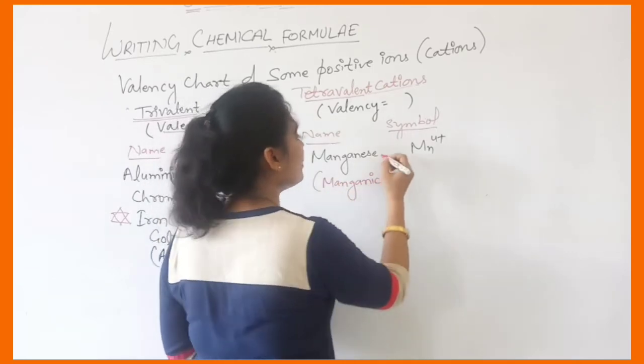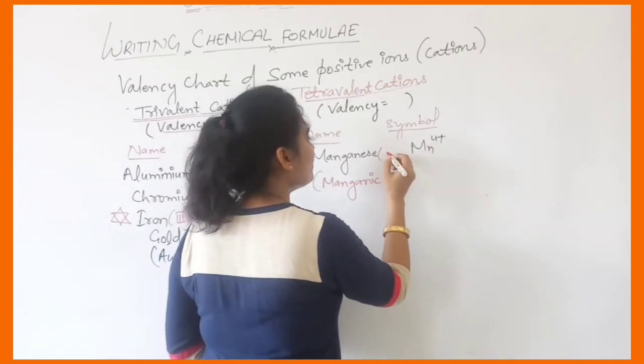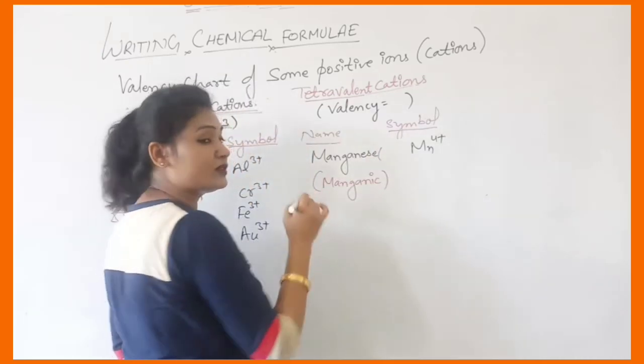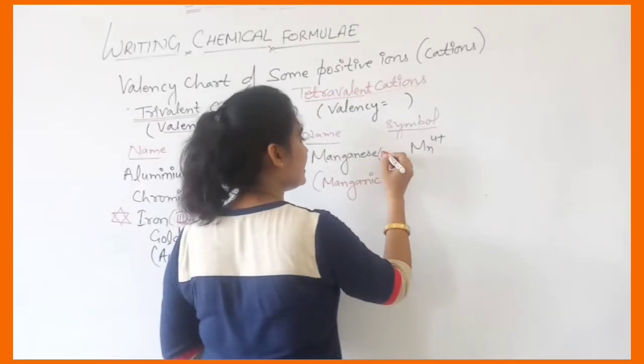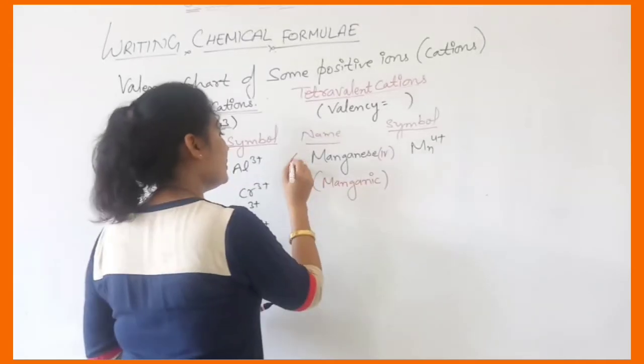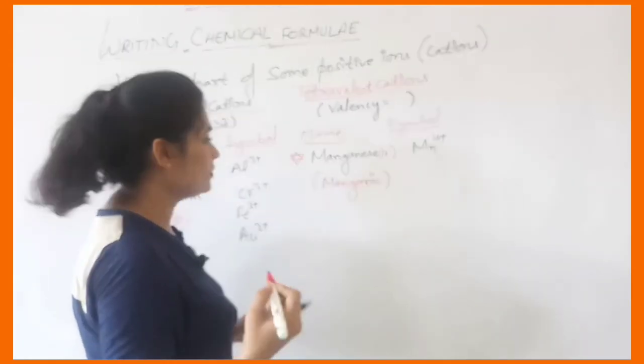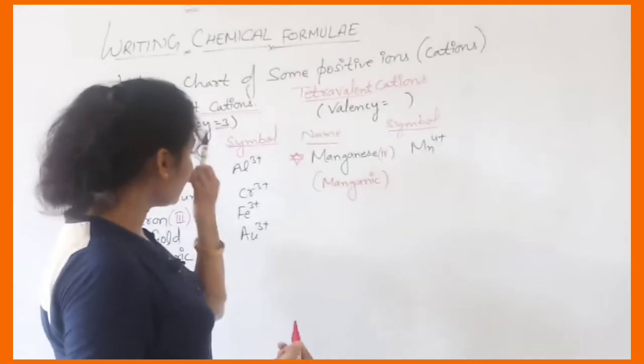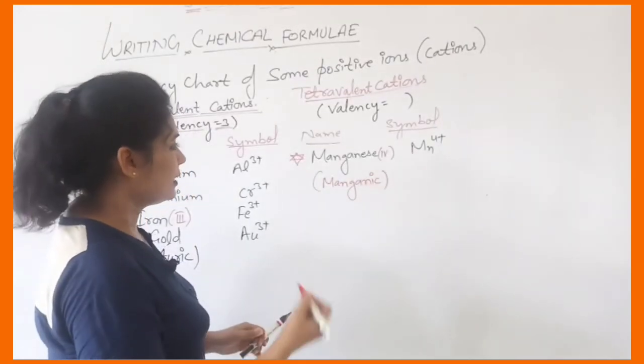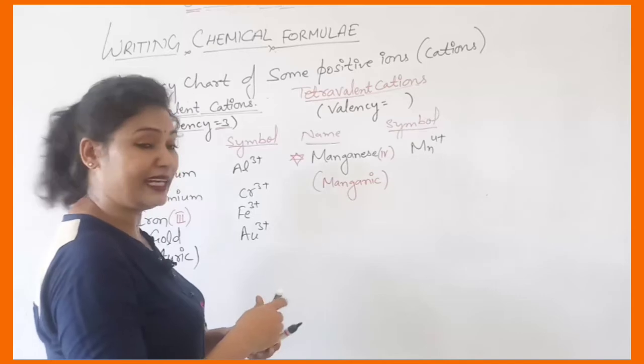Okay, and in front of the symbol or in front of the element we will write its valency in Roman number like that, and make a star here that it shows it has variable valency. Okay. Next we can take another example, platinum and lead.